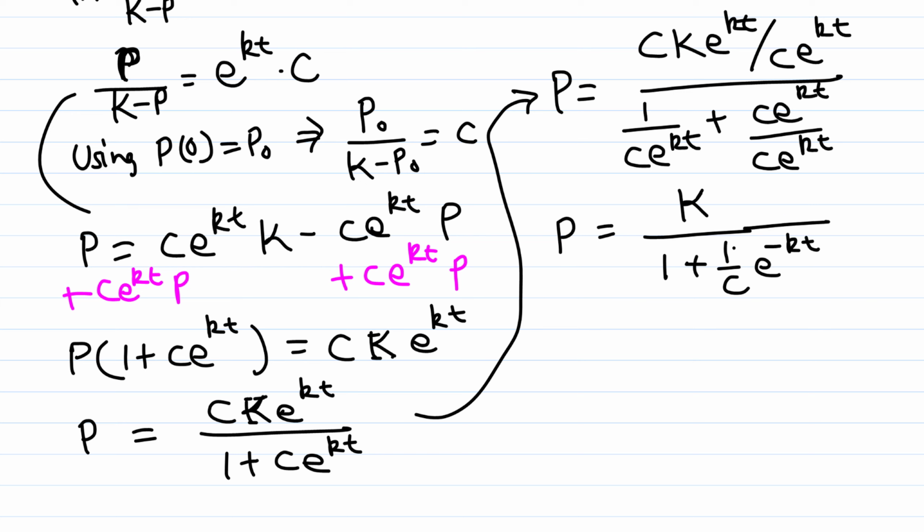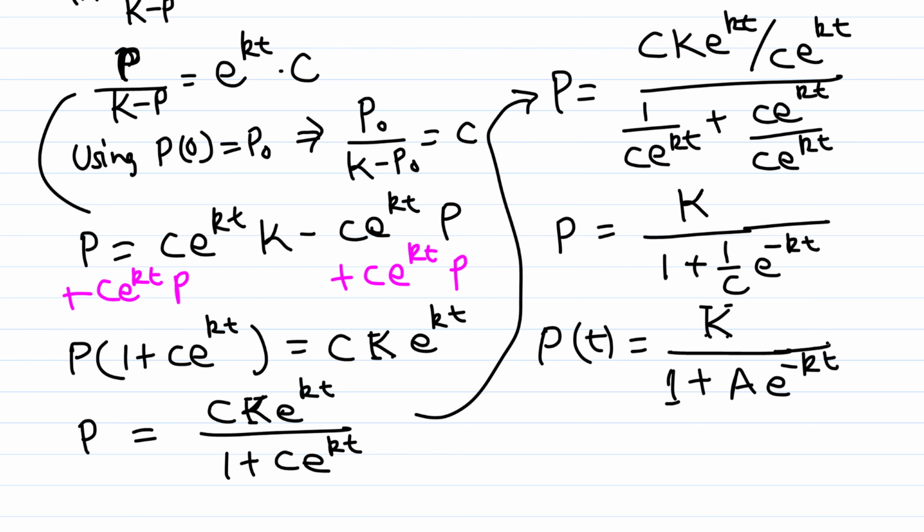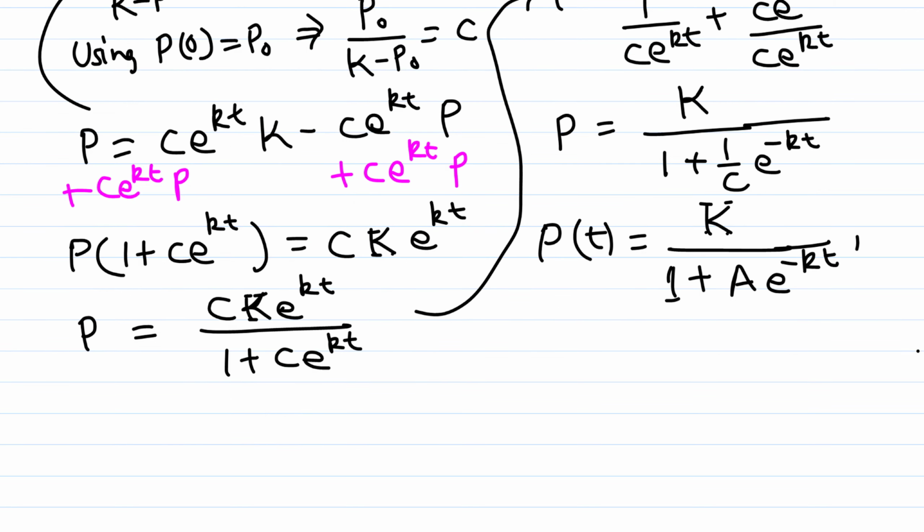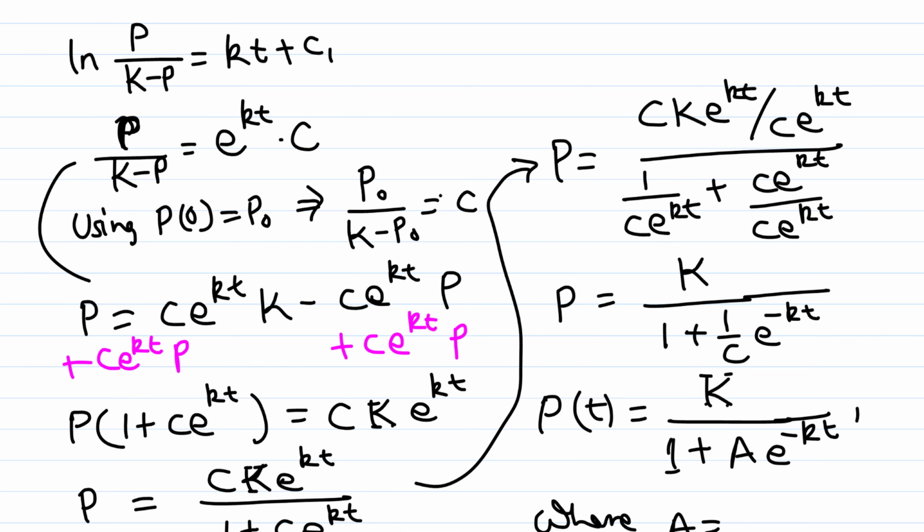Okay, and this is it. What is 1 over C, by the way? We can write A for 1 over C. So that is P at time t equals K over 1 plus A e raised to negative kt. And where this A is the reciprocal of C, and C was found here.